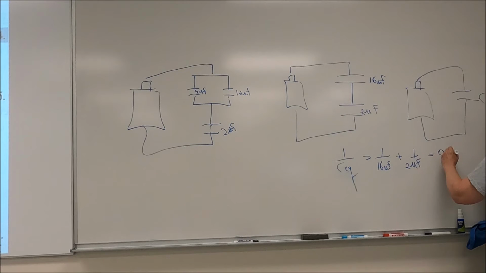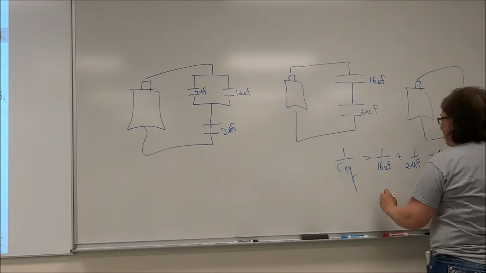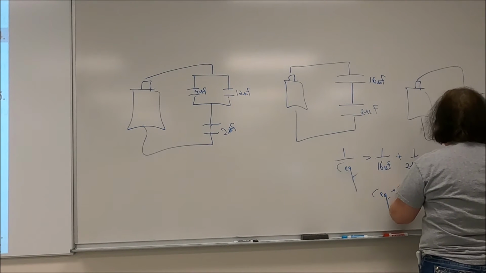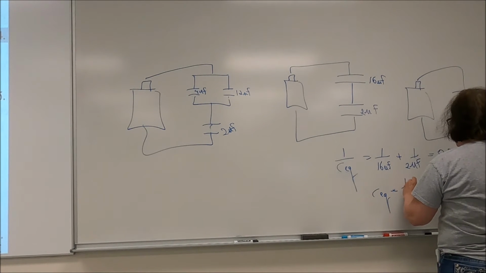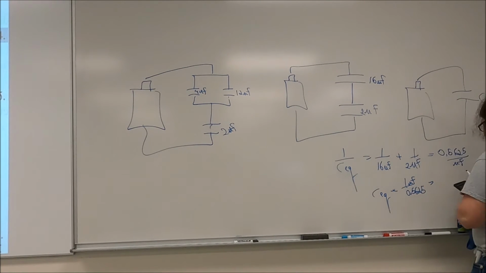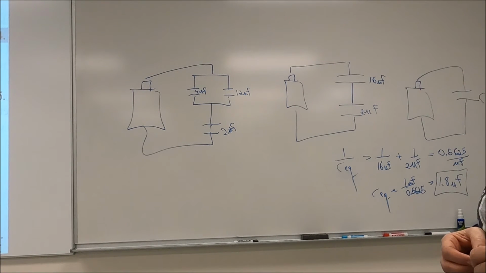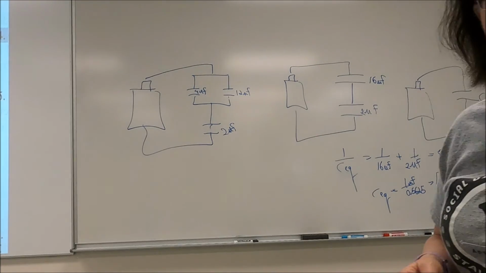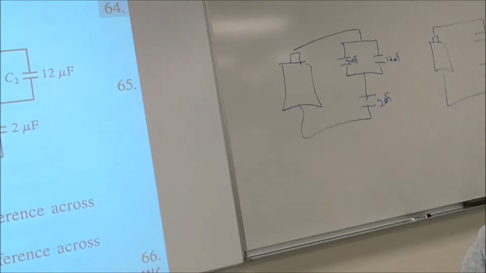This is 0.5625 over microfarads. So C equivalent is 1 microfarad over 0.5625, and I get 1.8 microfarads. Notice the equivalent is less than the smallest capacitor that we had in series. Okay? All right, let's scoot back over.